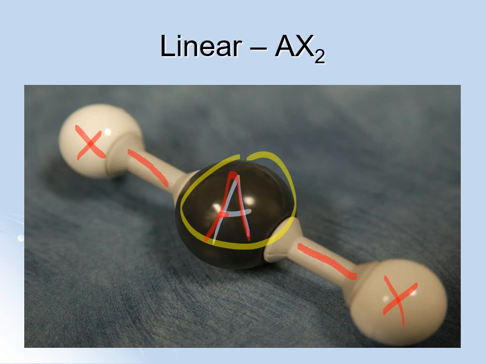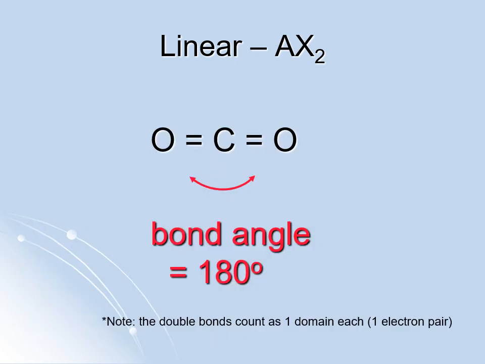We don't care if those are double bonds, triple bonds, single bonds. It's all going to have the same shape. And we're going to end up with this linear shape. Now, obviously, if it's a line, the angle between those 2 is going to be 180 degrees because it's a straight line. So an example of this would be carbon dioxide. And again, notice the double bond. We don't care.